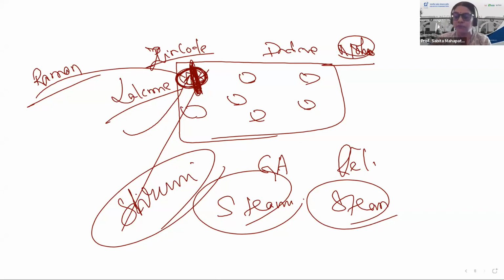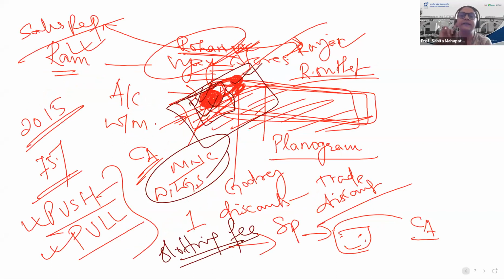What happened in the case of Godrej? It is a real life example. They figured out how the Vijay stores in Mumbai were performing. Are they able to sell Godrej? Are they not able to sell Godrej? Why is a particular Vijay store not able to sell?